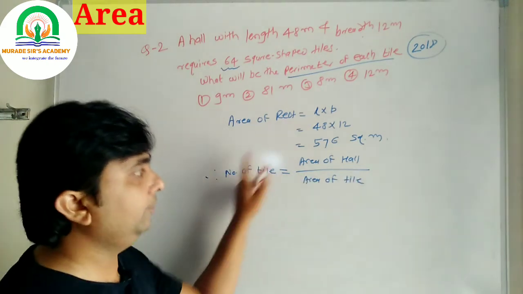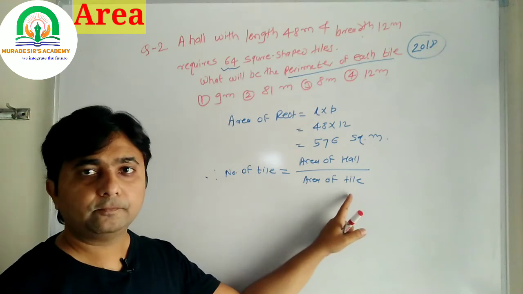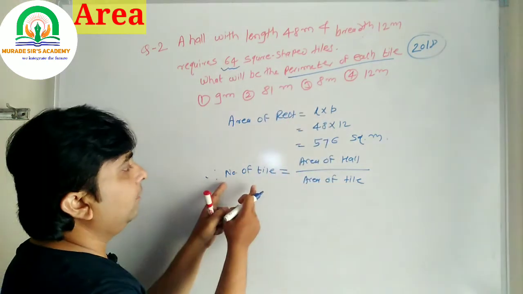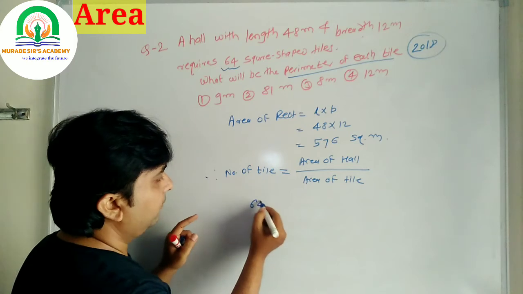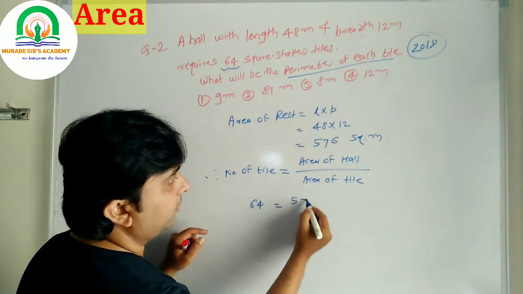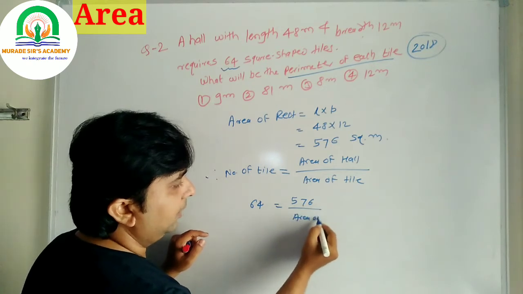From this we can find the area of tiles, and from that we calculate the perimeter. They have given the number of tiles, 64. Area of hall is 576 upon area of tiles.